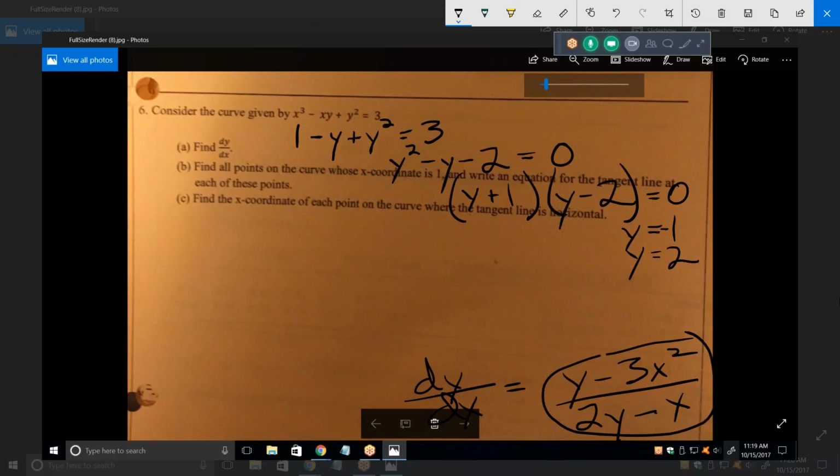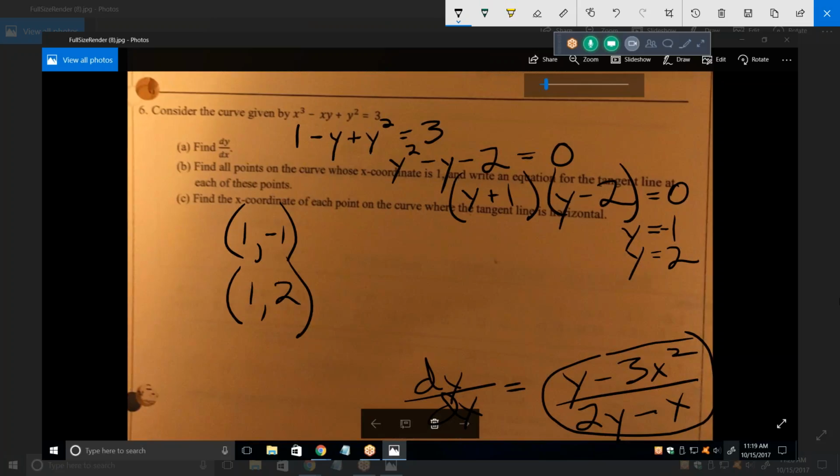So that means y is equal to minus 1 or plus 2. And so there are 2 points on the curve. There's this point where x is equal to 1 and y is equal to minus 1, and there's this point where x is equal to 1 and y is equal to 2. Notice we're not looking at a function, it's a relation.